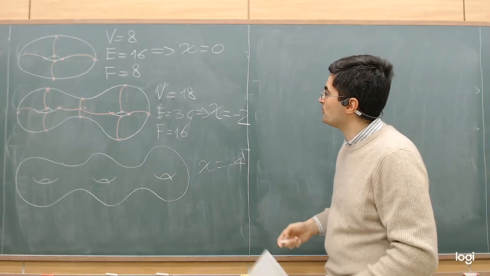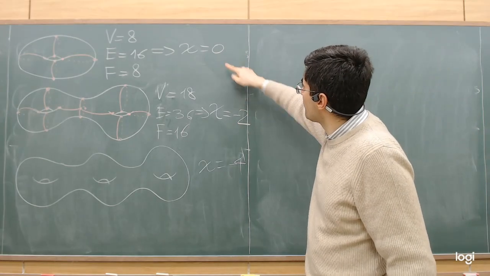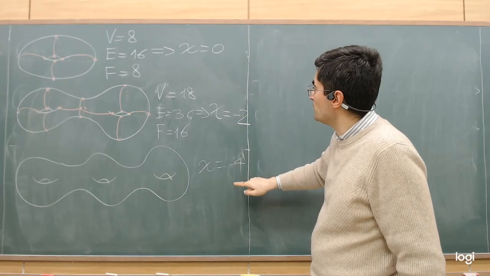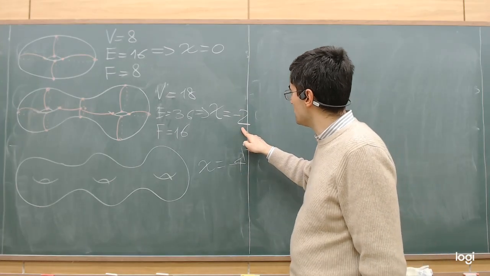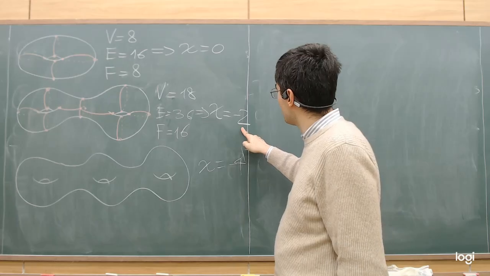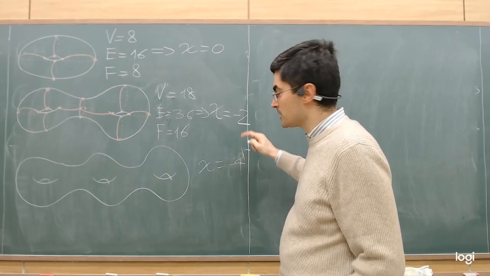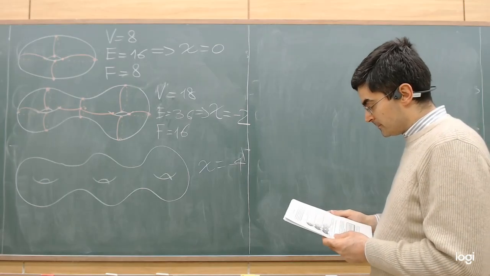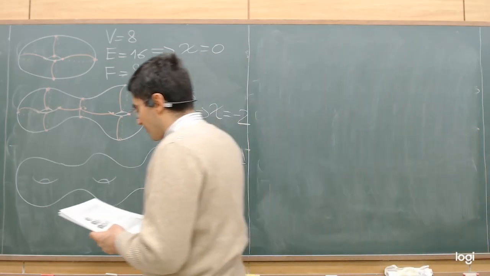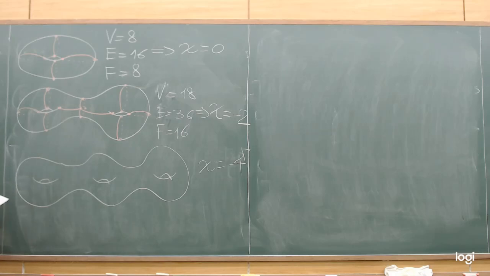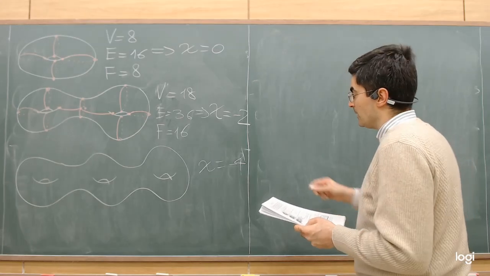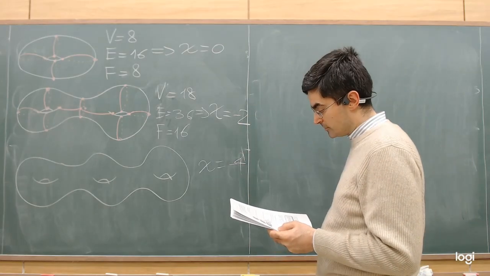And if you observe the values of the Euler characteristic we obtained, they are negative even numbers and 0. It is possible to determine a formula for chi in function of the genus.